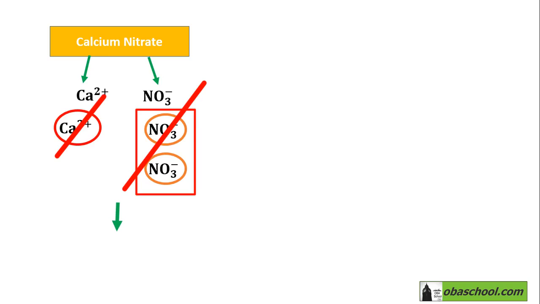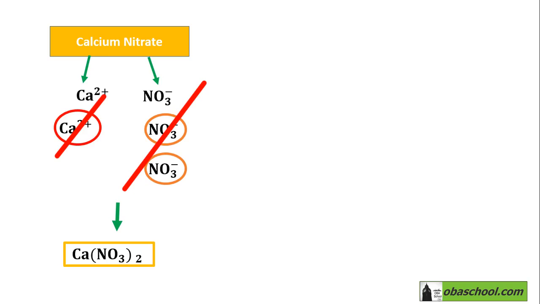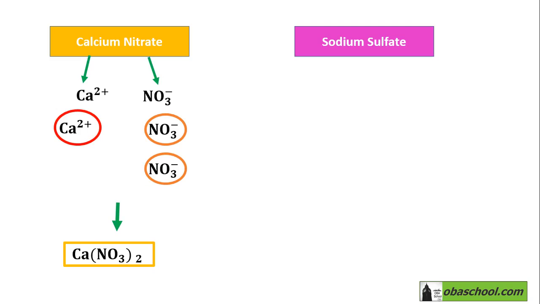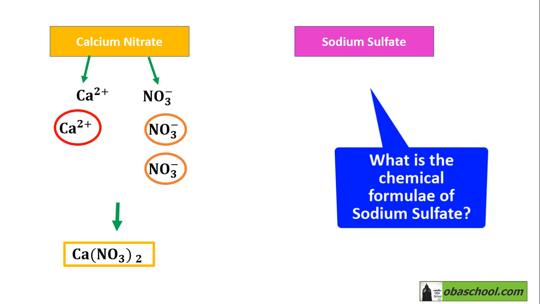Now, the chemical formula of calcium nitrate is Ca(NO3)2. Keep in mind, we should always put brackets around NO3 and write the small 2 outside of the bracket.